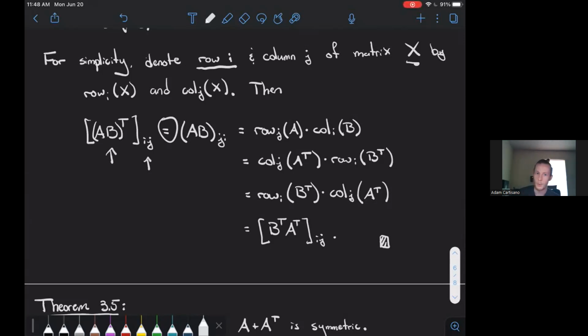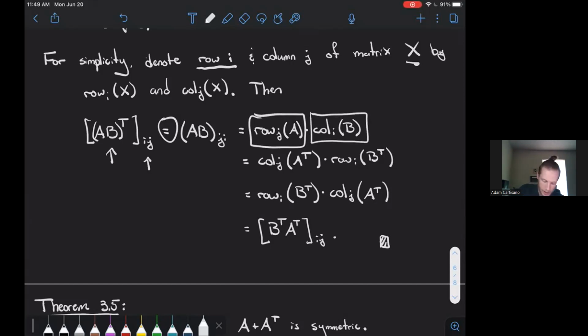Well, what is the ji entry of the product of A and B? That's just the dot product of the jth row of A and the ith column of B. That's all. It's a dot product.